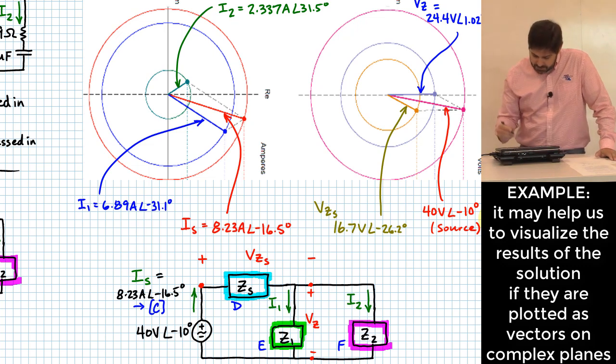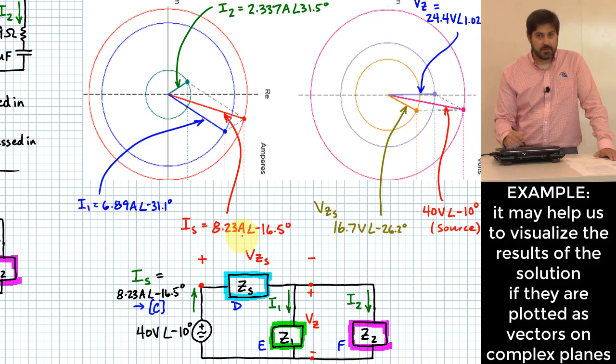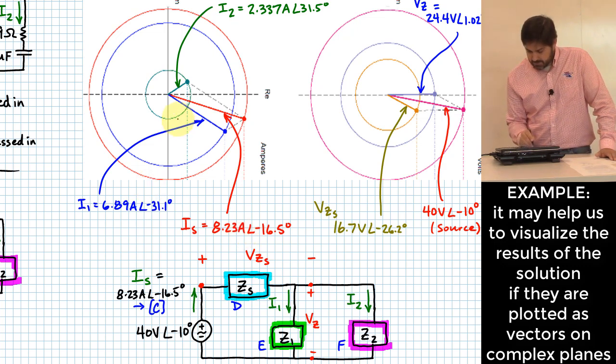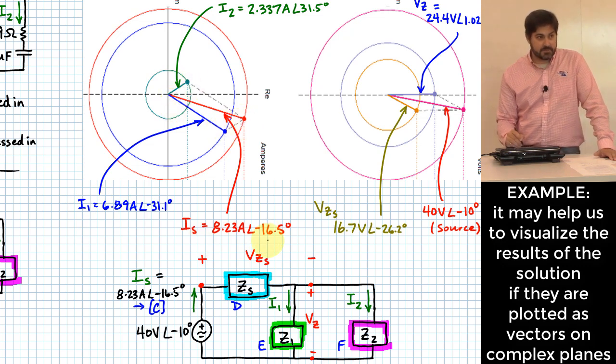Okay, we'll start with the current over here. I1 plus I2 was equal to IS, right? How does that look on the complex plane? See how when you add the I1 and the I2 together, you get your IS. Right? Isn't that kind of cool?